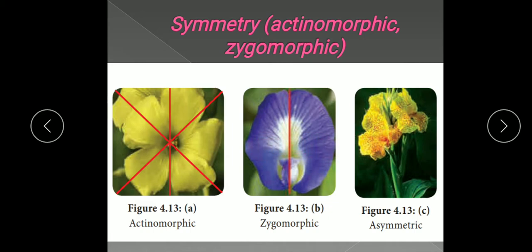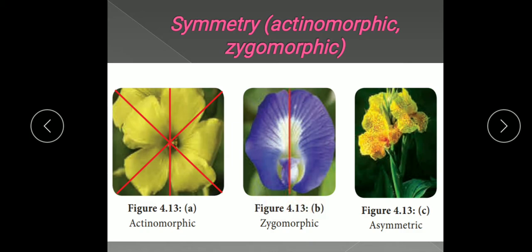Two similar halves we get only when the flower is divided in one plane only. So it is said to be zygomorphic, or we can call it a bilaterally symmetrical flower also. This symmetry is found in Pisum, that is pea, Bauhinia, Cassia, snapdragon. All these are examples of zygomorphic symmetry.